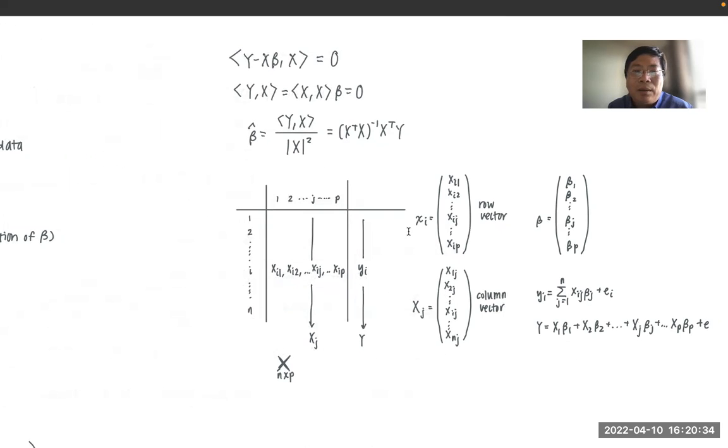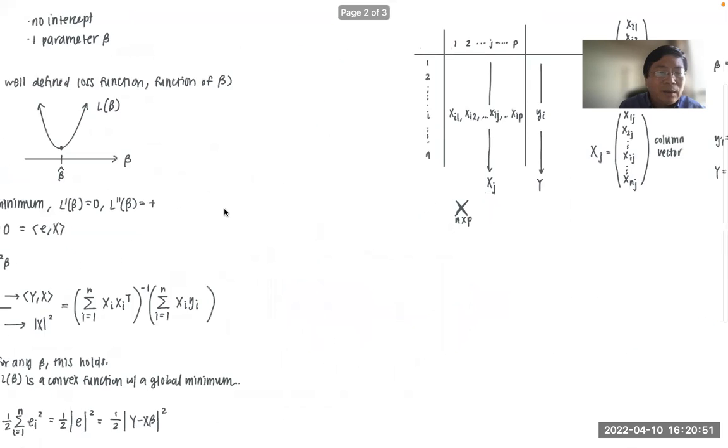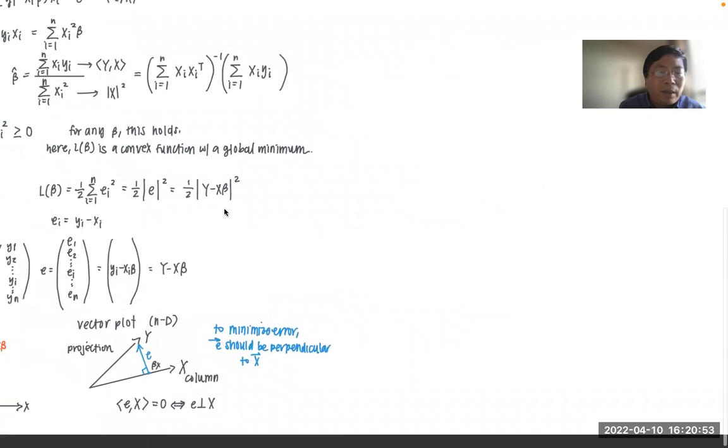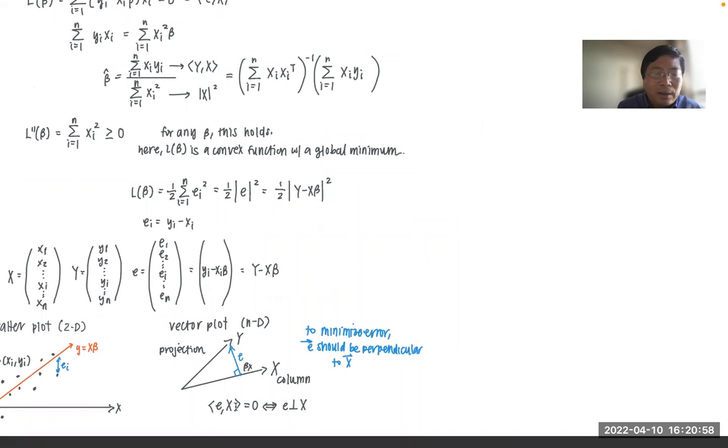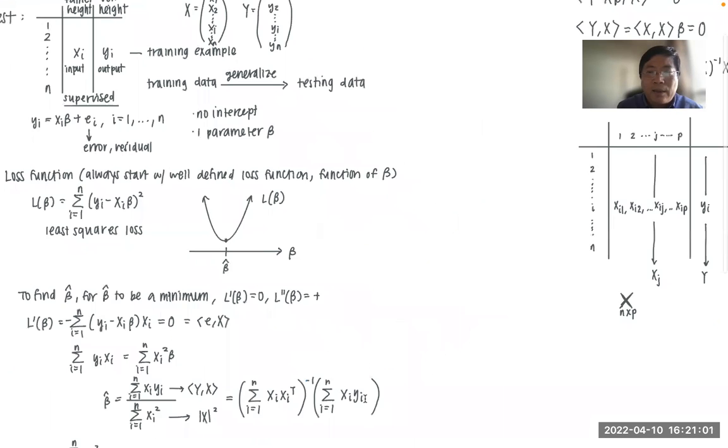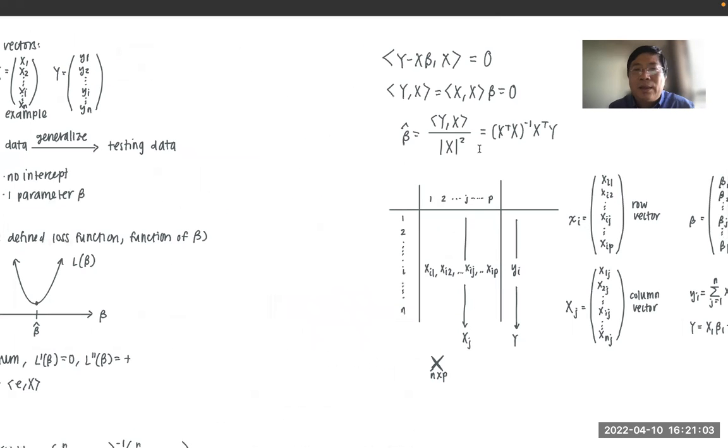From here, you will see in the next lecture, we also get this result, that y minus x beta, times x, equals 0. For the previous example, in the simplest regression setting, we have e and x, so this equals 0, and e is y minus x beta.